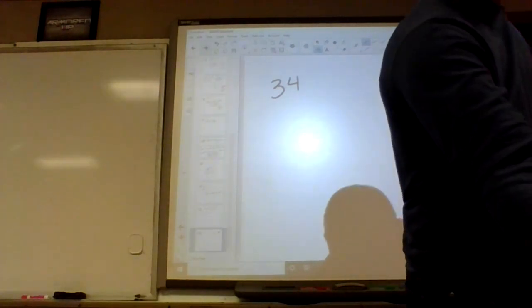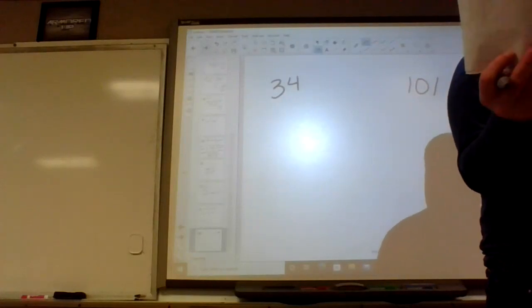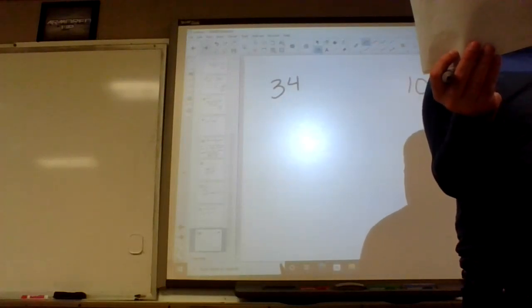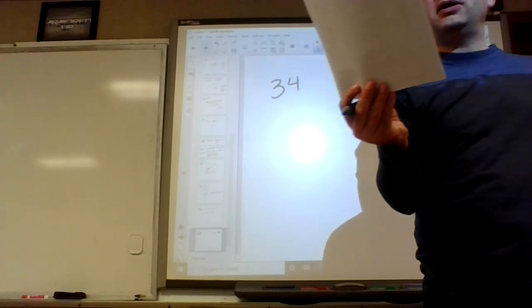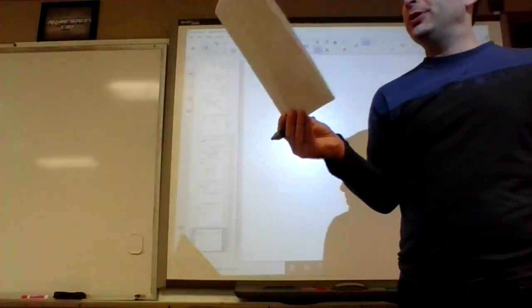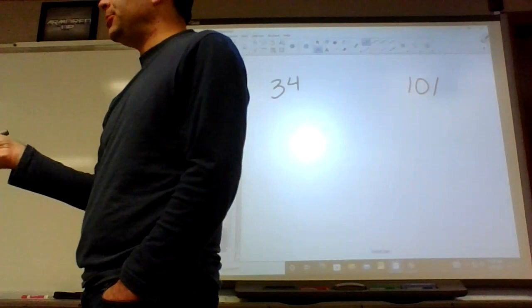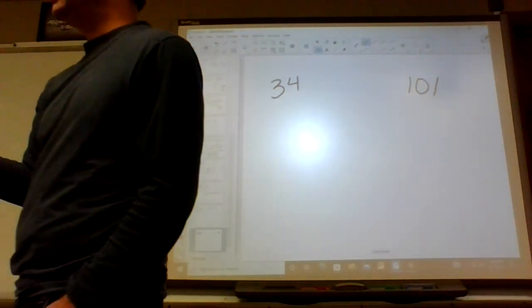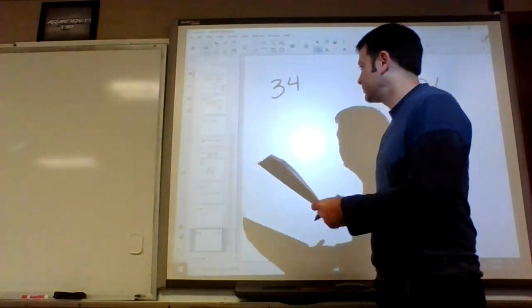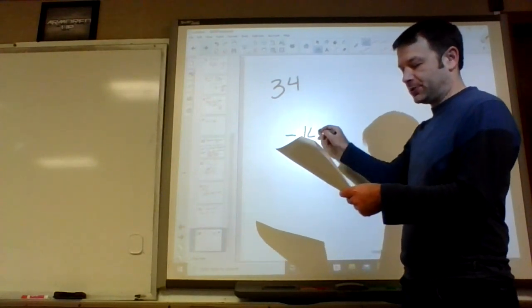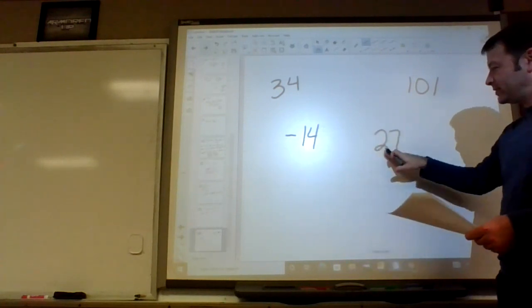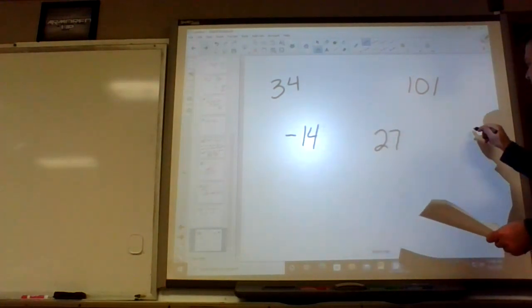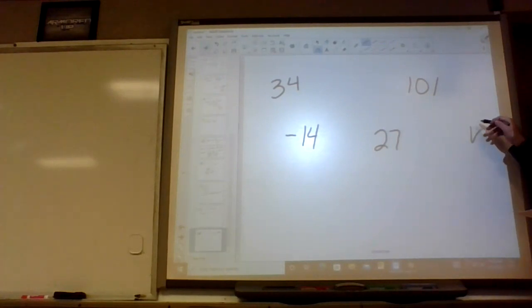So if you look at number 17, it says find the coordinate of V if W is the midpoint of UV. So in other words, we got negative 14 way out to the left, 27, the coordinate of W is in the middle, and then V is way out here.